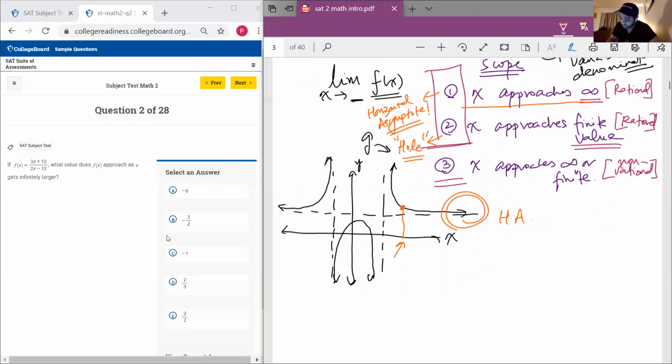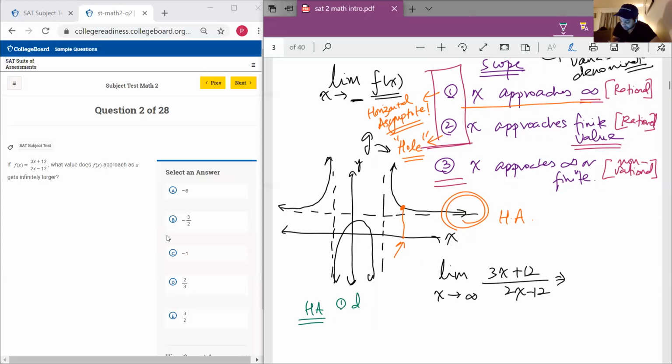So for x approaching infinity in this question, you want the limit as x approaches infinity of 3x plus 12 over 2x minus 12. And if you recall, the horizontal asymptote has 3 cases.